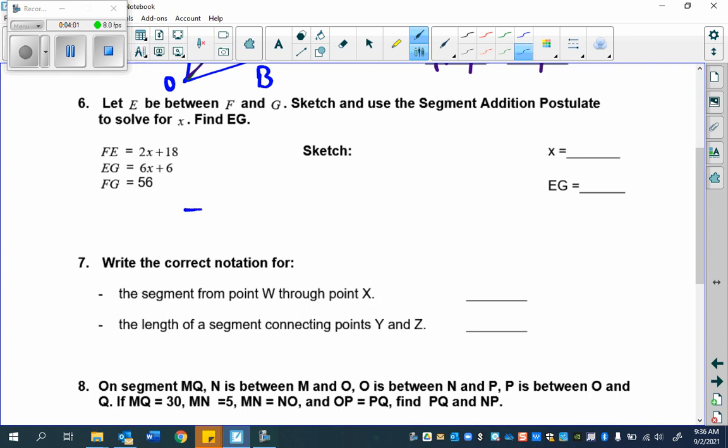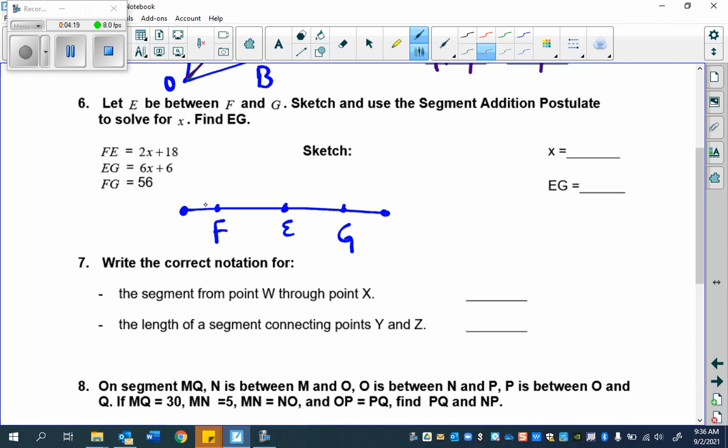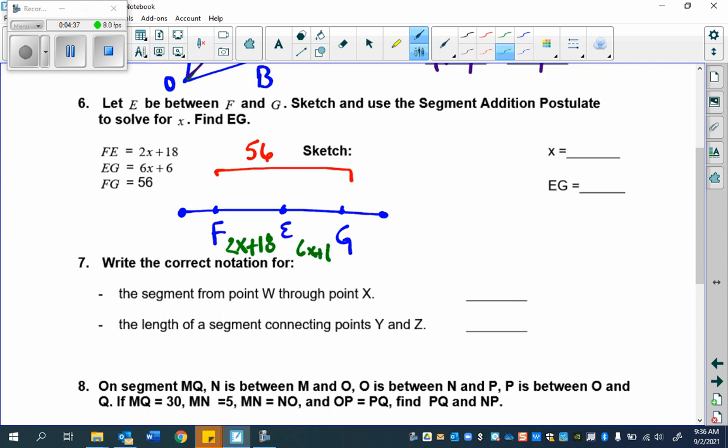We'll draw a line segment, and we'll say that E is between F and G. Now here's the thing, nobody said that E was the midpoint, so all I know here is the distance from F to G is 56, and I know that the distance from F to E is 2x plus 18, and I know the distance from E to G is 6x plus 6.